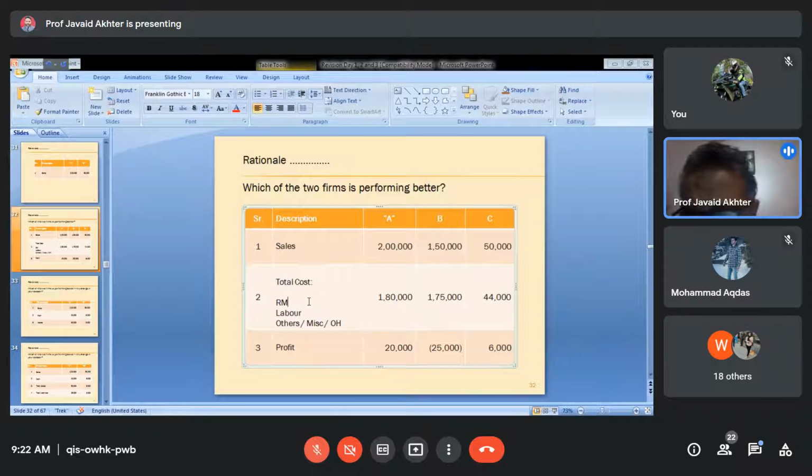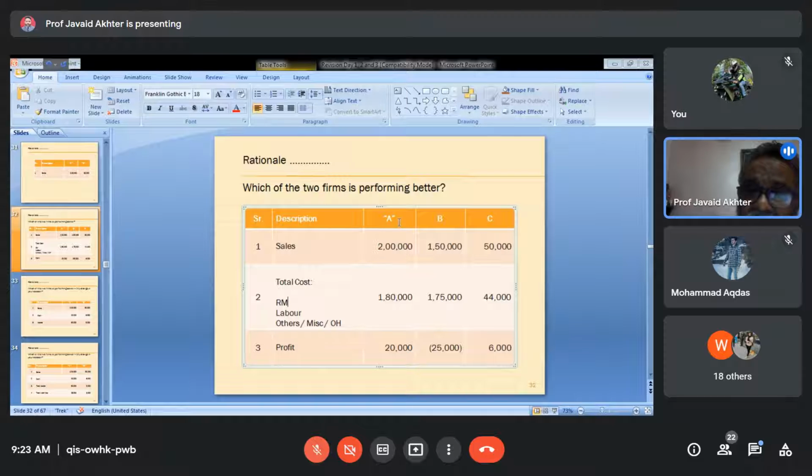First we compile this data in the form of a proper cost statement. It's not actually a cost sheet. Rather, we have compiled the data of all the products in which we are dealing, and calculated product-wise profitability.